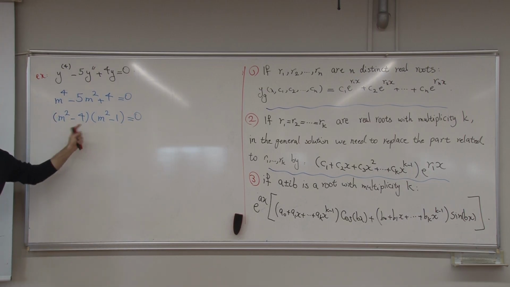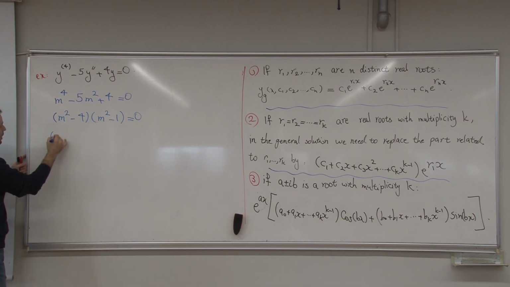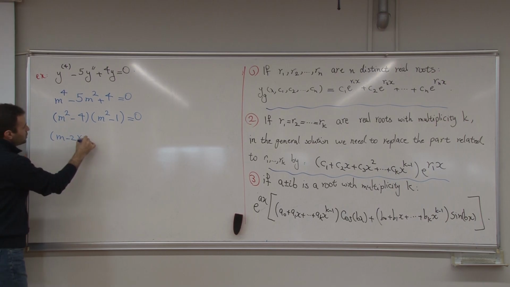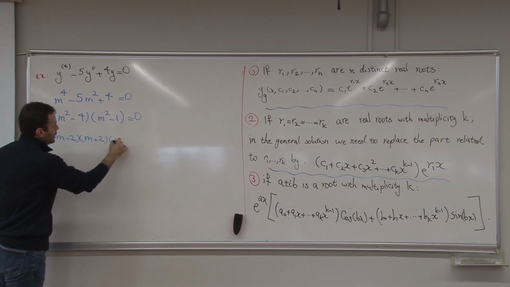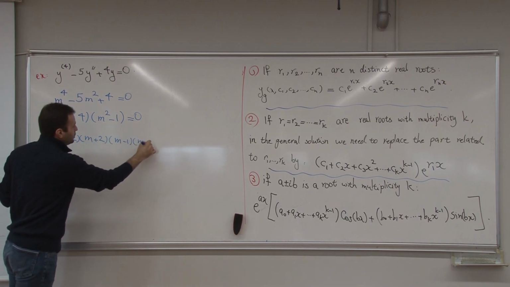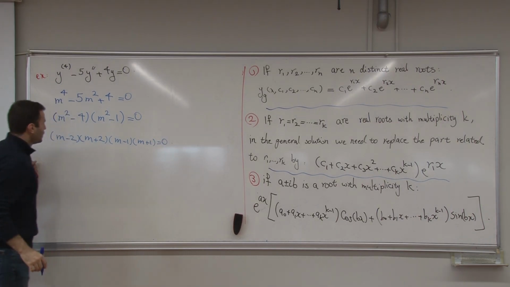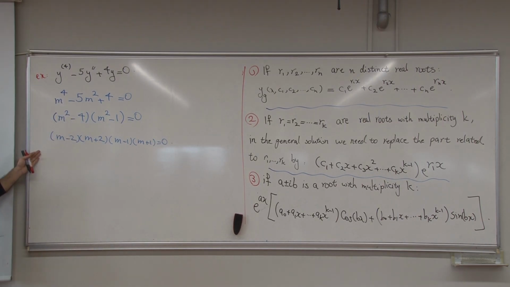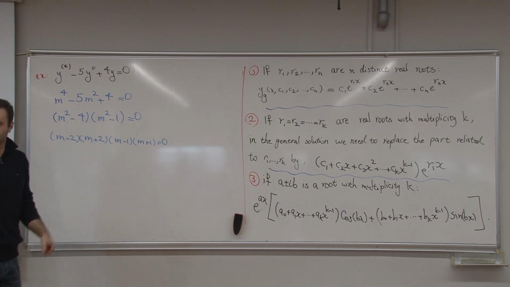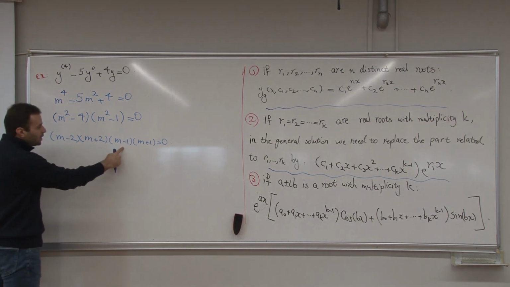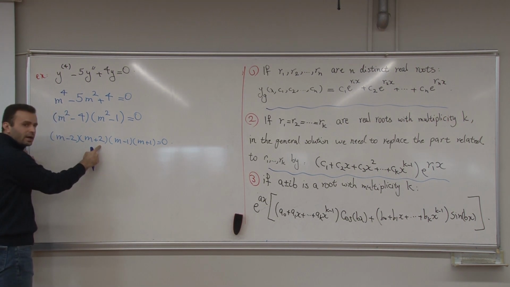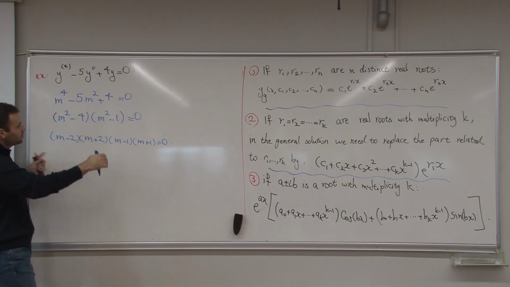How can I develop this further? (m minus 2)(m plus 2)(m minus 1)(m plus 1) equal to 0. So can you please find out the roots and write the general solution? We have 1, minus 1, 2, minus 2. So we just need to have what?